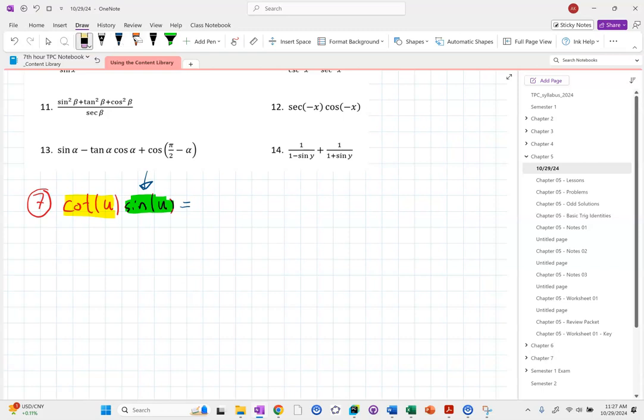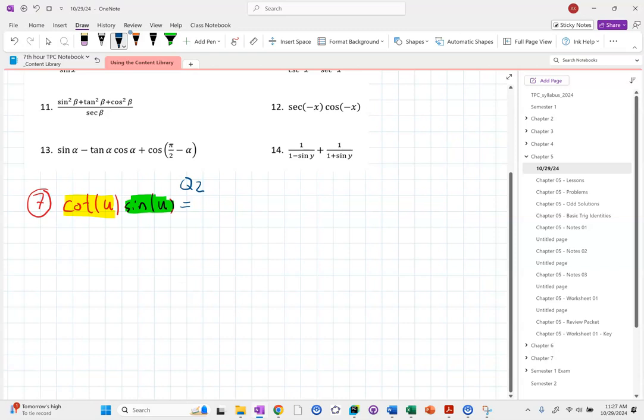Would it be the tan of pi over 2 minus theta? That one? No, because we don't have pi over 2 minus u inside of any of our parentheses. Would it be the one where it's cosine theta over sine theta equals cosecant theta over secant theta?